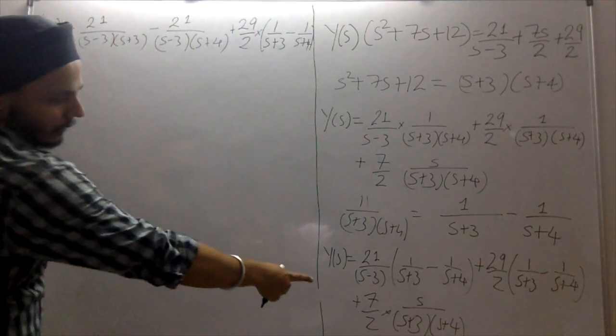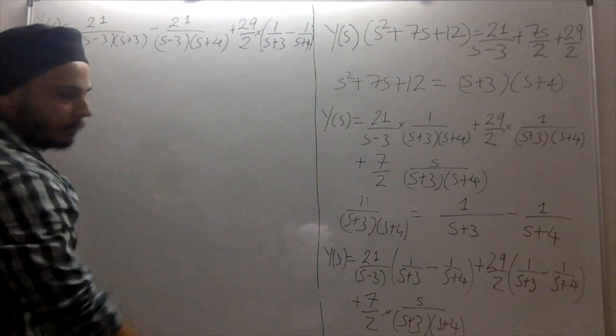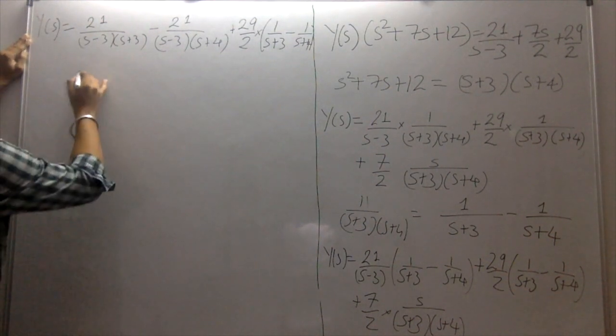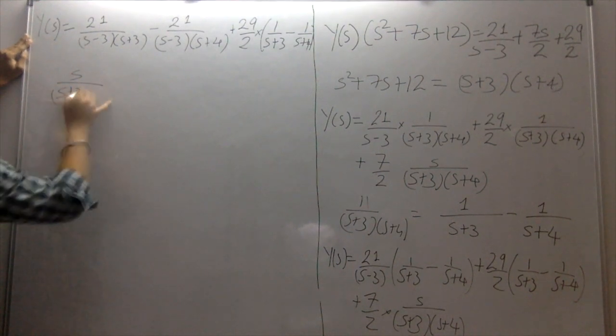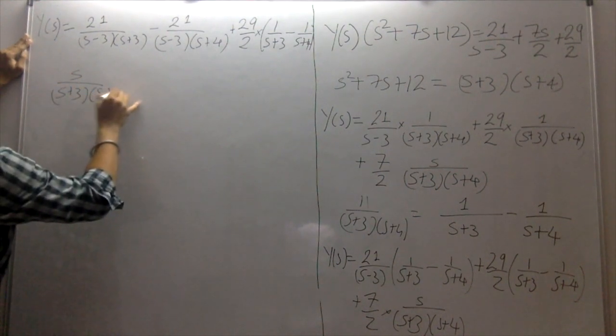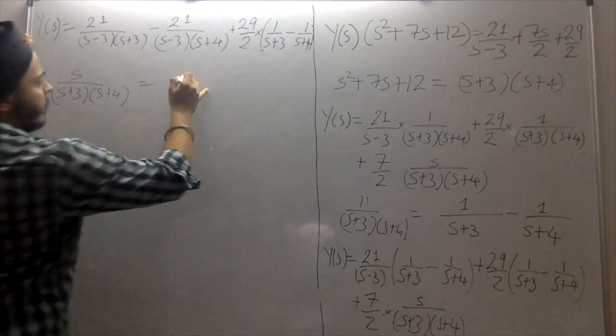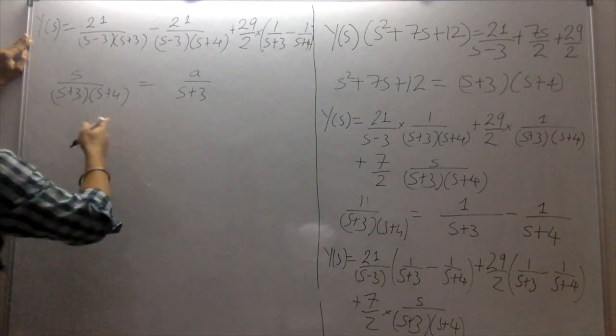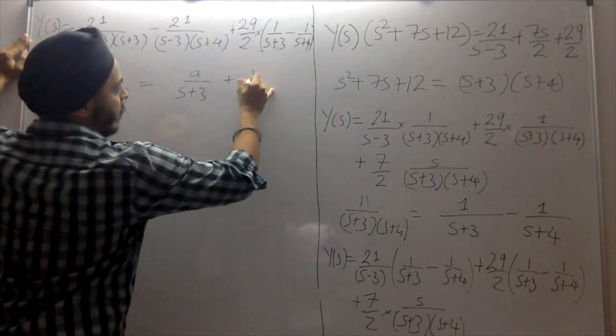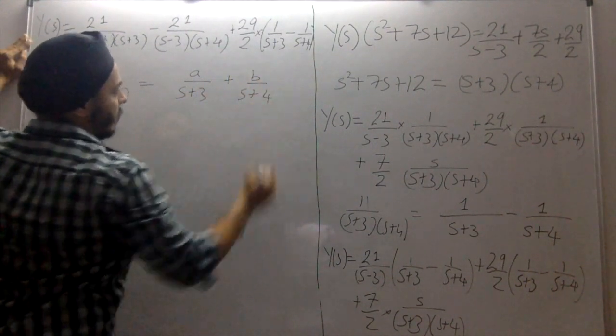Now let us split this s term. Here it is s over s plus 3 into s plus 4. Let us write it in terms of some a and b. Let us consider it as split into a by s plus 3 plus b by s plus 4.